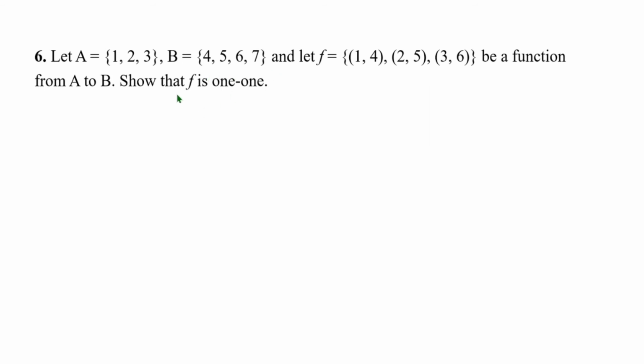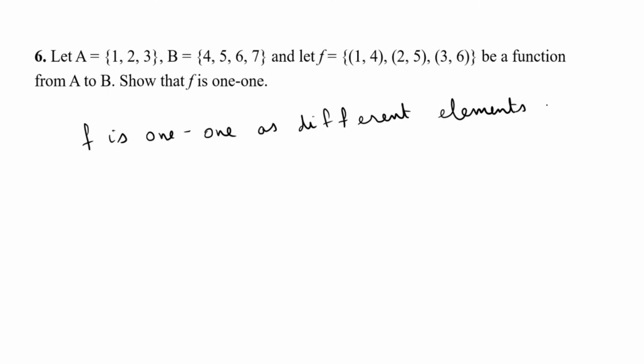So we can see that f is one to one, as different elements of the domain have different images in the codomain.